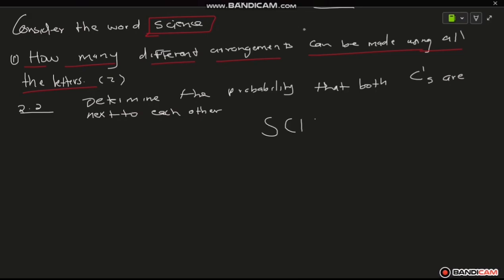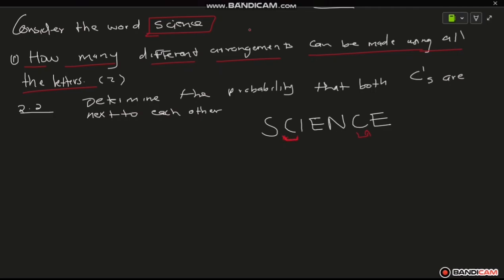So this is the word that we are given, science. It has 7 letters, and the C is repeated, and they also repeated the E. That's very, very important that you understand what I'm going to explain here with these repeated letters.